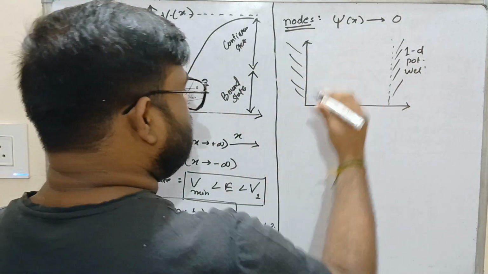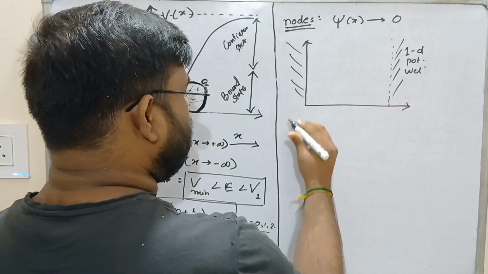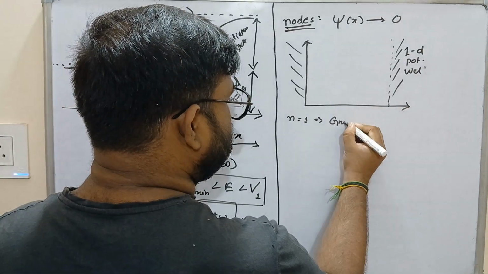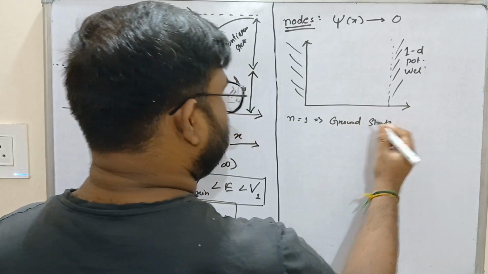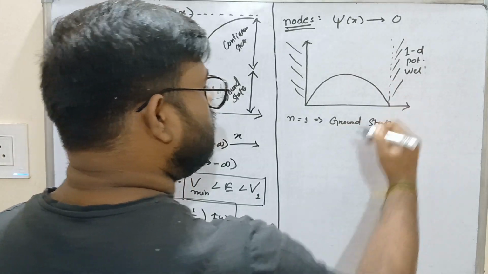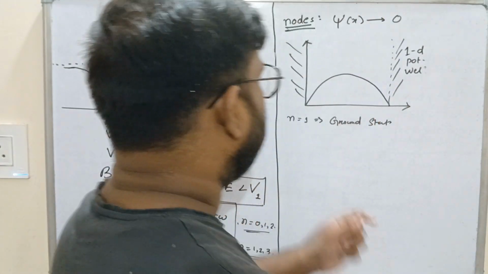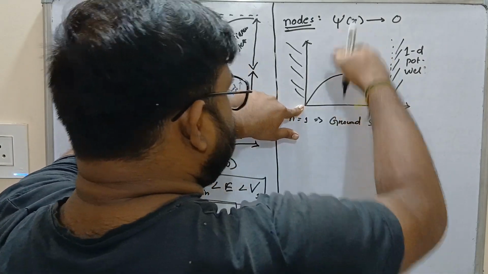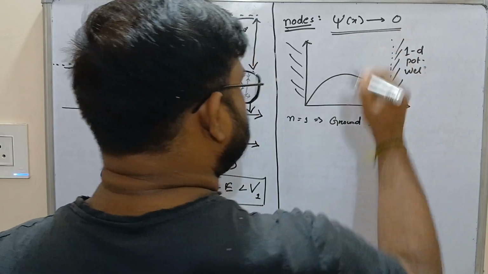So what will be the value of psi for n equal to 1? We'll have the ground state. In this system, this is your ground state. Yes or no? Yes. This starts from here, ends here. In between, there is no point where psi(x) goes to 0.